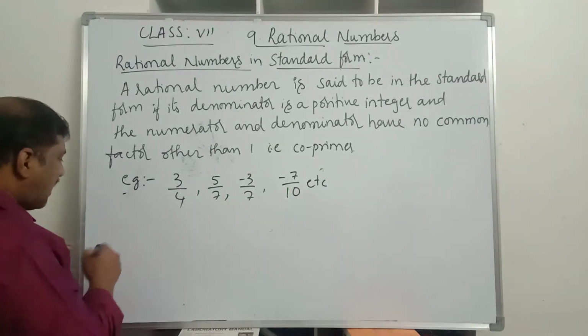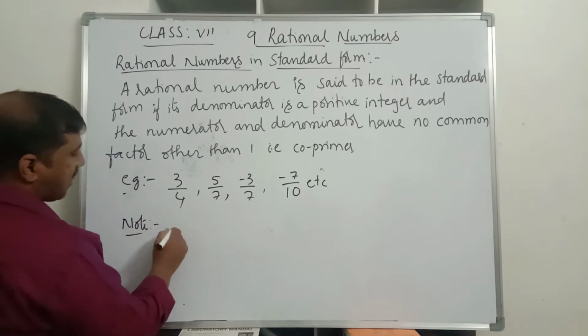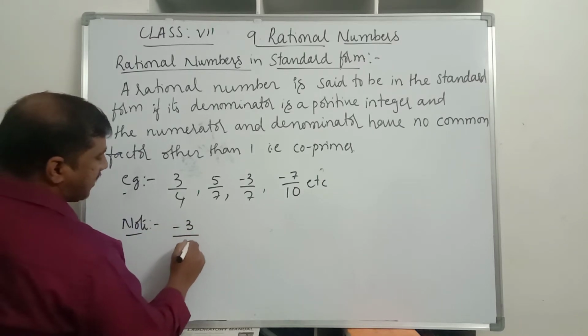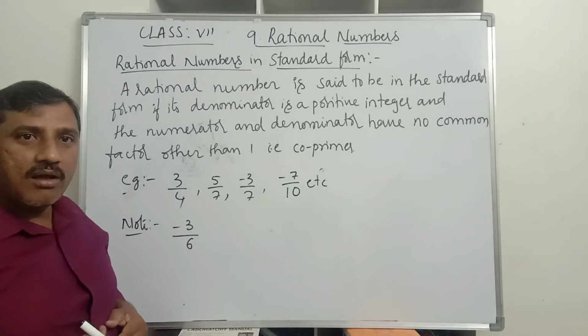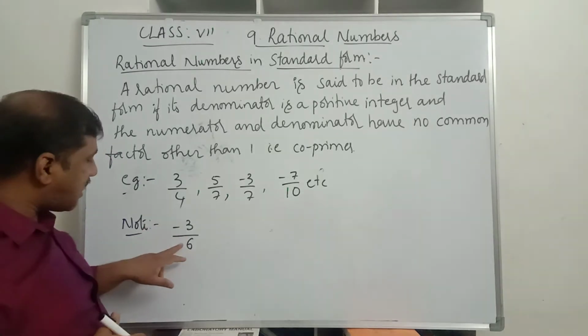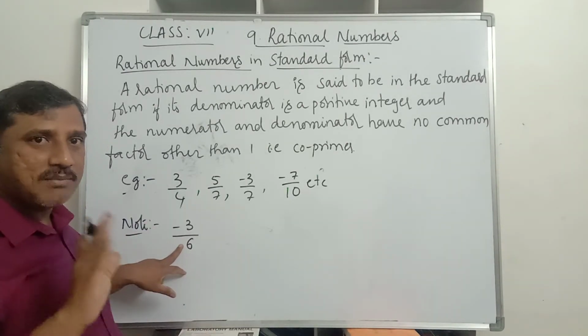Now note some of the numbers we will write here. Minus 3 divided by 6: is this a rational number in the standard form? Check the conditions. First condition, the denominator is a positive integer. Yes, it is satisfied. 6 is a positive integer.